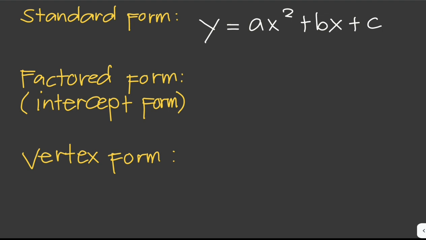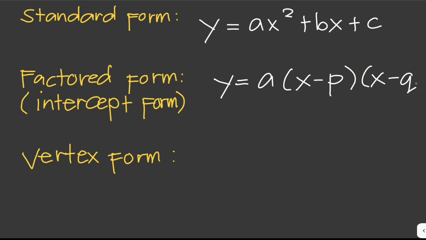and the factored form is in the form y equals a times x minus p times x minus q, where a here is the same value as the a in the standard form of quadratic equation, and p and q here are the x-intercepts.